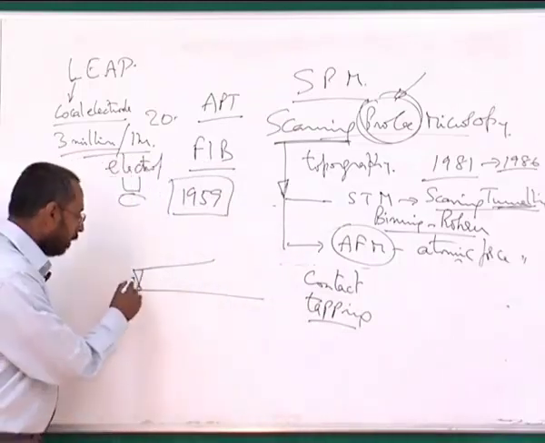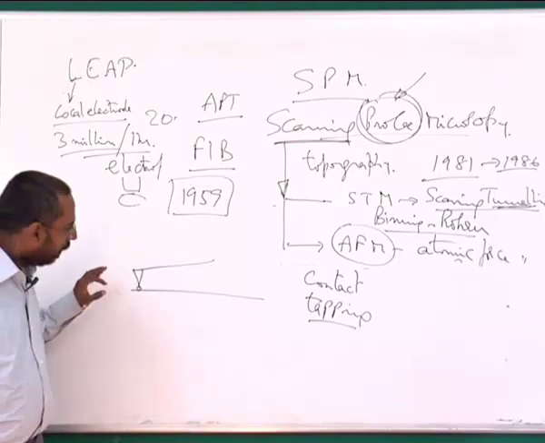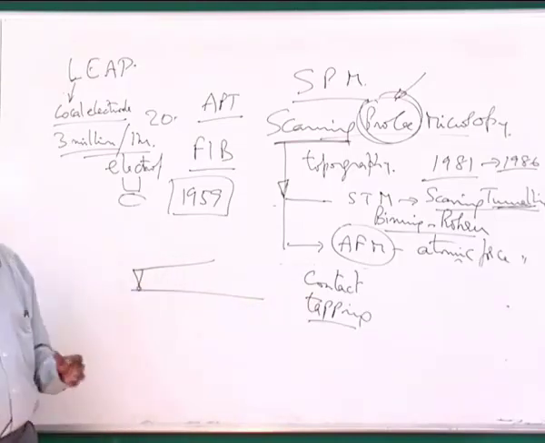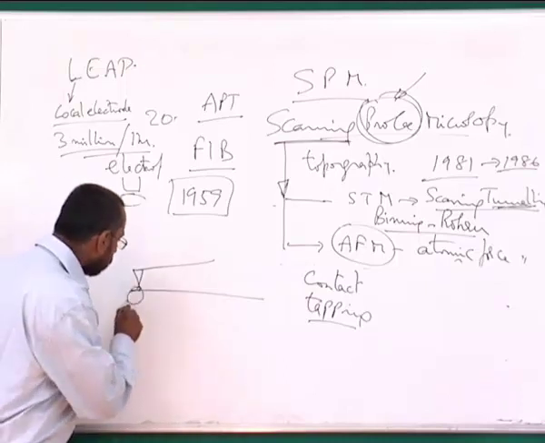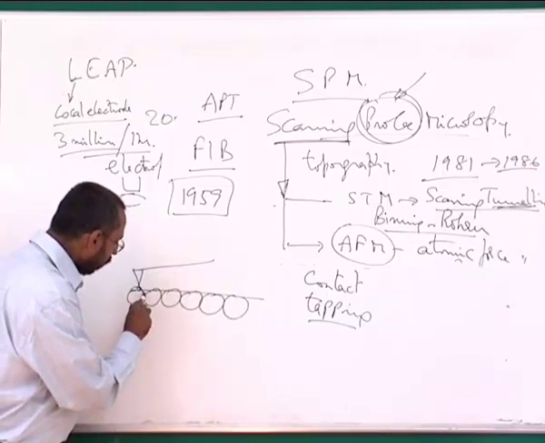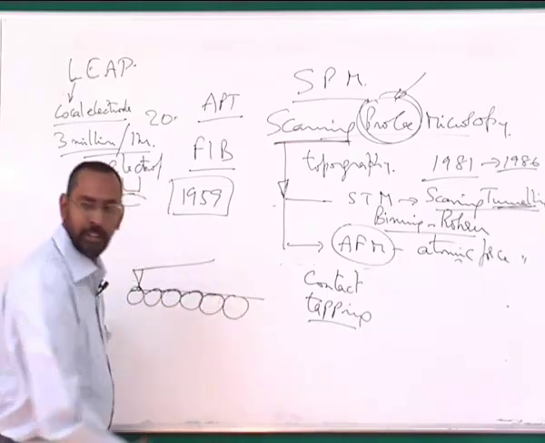Contact mode is where the tip is actually allowed to touch the surface, and it moves on the surface. And when it moves on the surface, as I mentioned, if you have atoms on the surface, it can actually see the configuration of atoms.